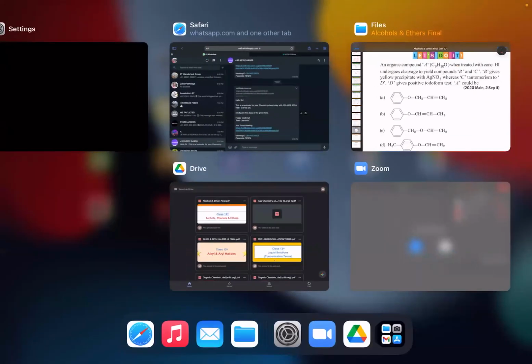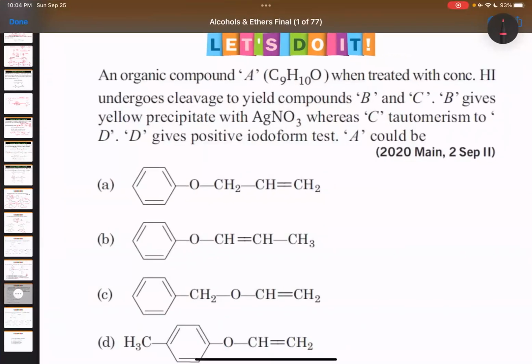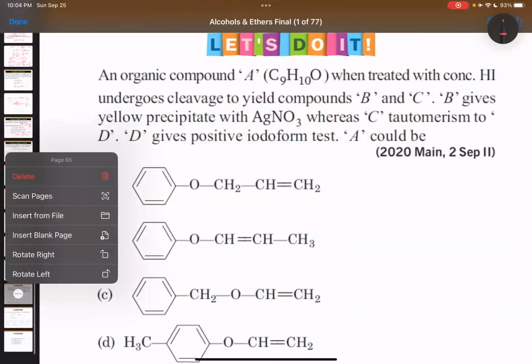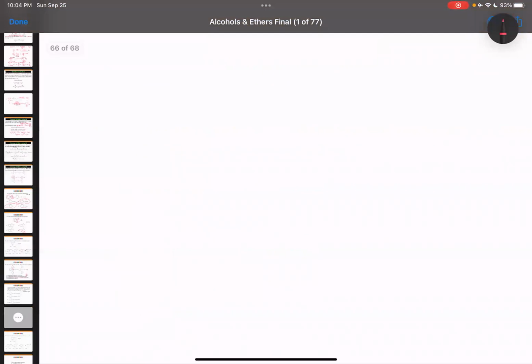So in electro, actually, just today we can have some introduction. So in CBSE also electro is started.